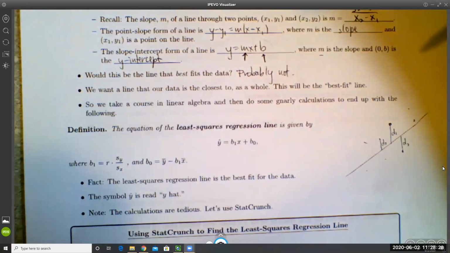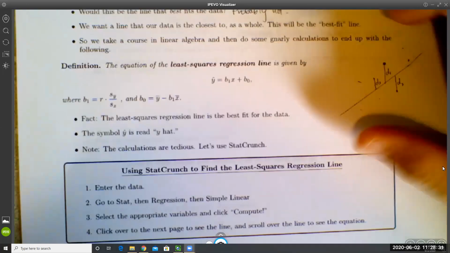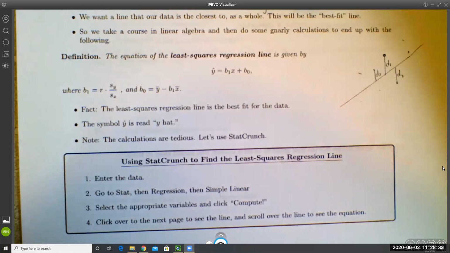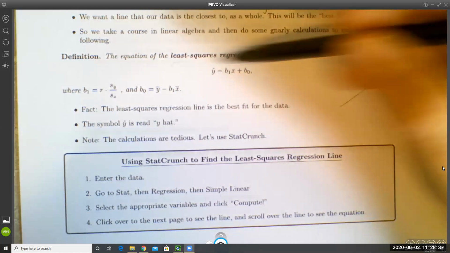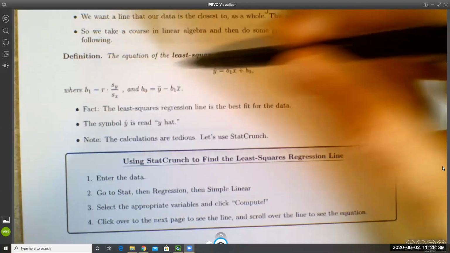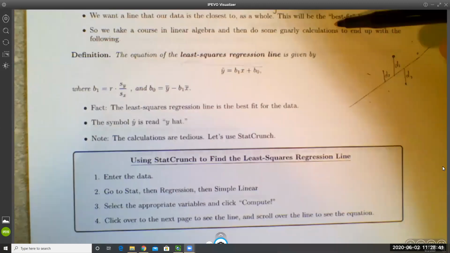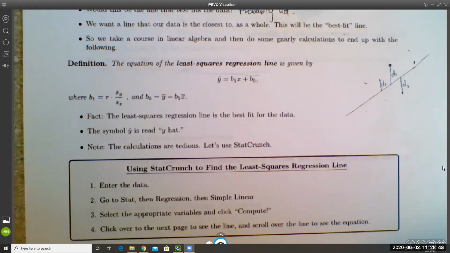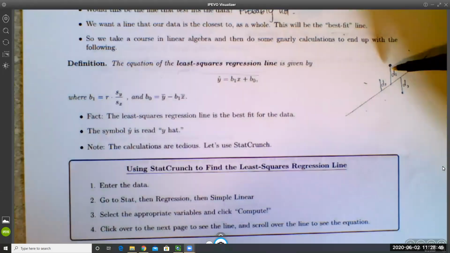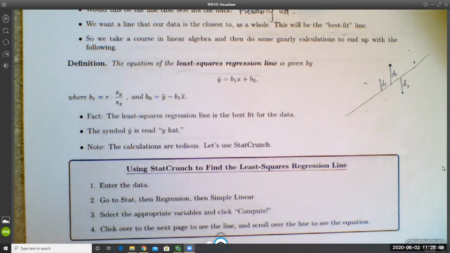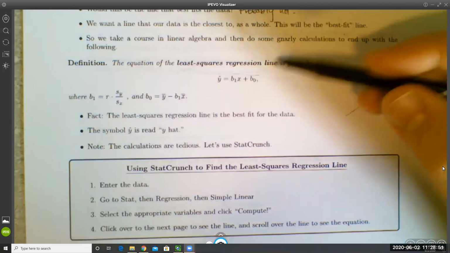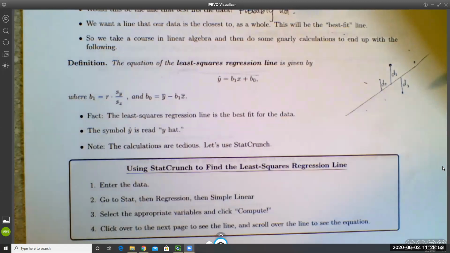And the second thing that I really want you to walk away understanding is that this line we're coming up with, the least squares regression line, is the best fit line. It's the line that minimizes the distance between the line and the points that the line is supposed to model. Okay, so you can't get any better than the least squares regression line in terms of fitting your data.